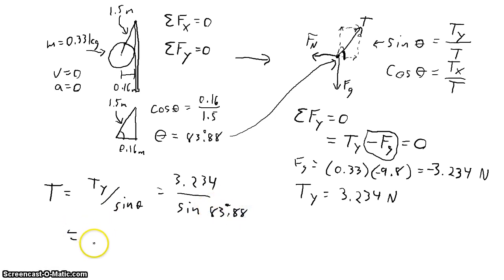And that yields a full tension force, now just rounding to 3 digits, 3.25 newtons. So that is our tension force for this particular situation, just done by recognizing that Newton's first law is in effect. All right, let's go on to the second part of the question.